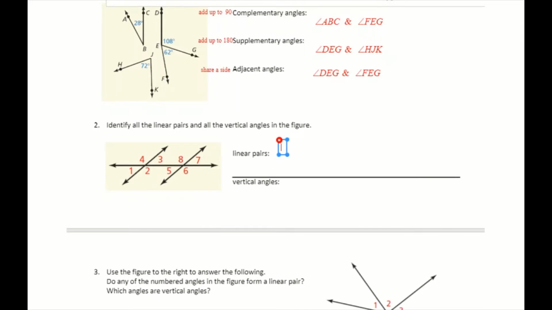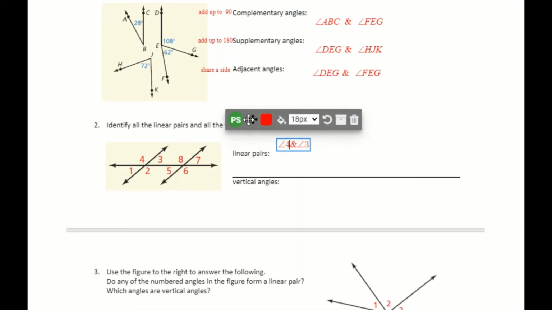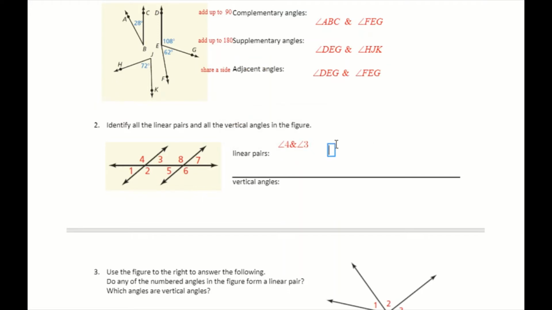So we've got angle 4 and angle 3. Okay, so that's a linear pair. Then we also have 8 and 7. So that's another one. And then we've got 1 and 2. And then we've got 5 and 6.